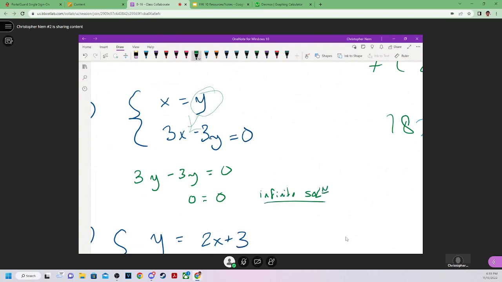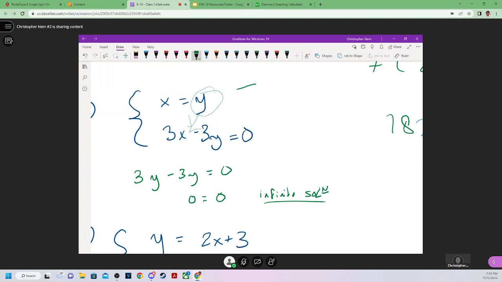The problem is, you need to tell me more than that. You need to tell me what solutions work, because although you have an infinite amount of solutions, only some in particular will work. How do I know what x value matches up with y? Well, let's think about it. If I had the x value 5, what would the y value have to be?